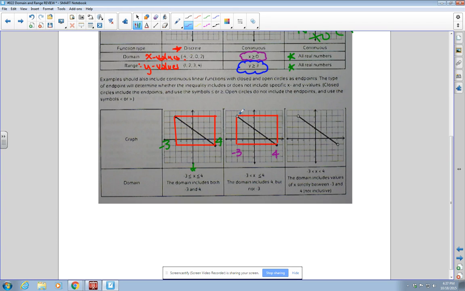Except in this case, this is an open circle right here, therefore you will not put the line underneath the inequality. Whereas right here, since it's solid at 4, you will write the line underneath the inequality. Okay. So the domain includes 4, but does not include -3. Therefore, we leave the open circle.